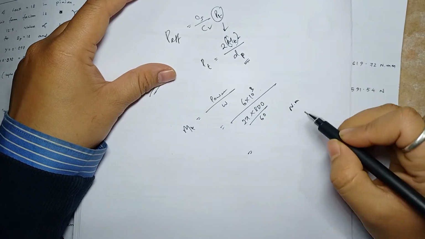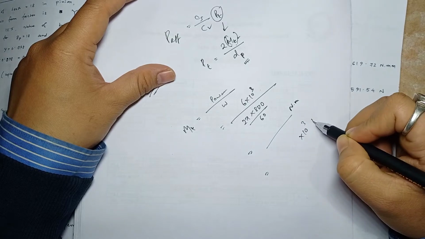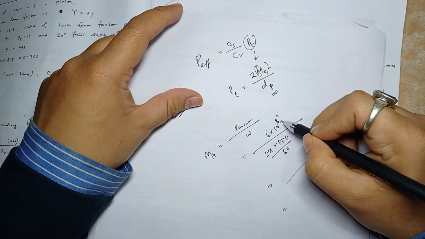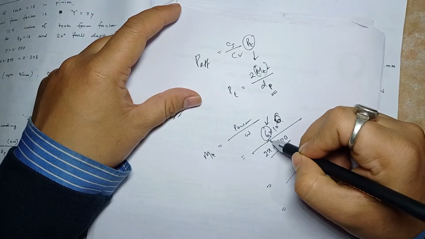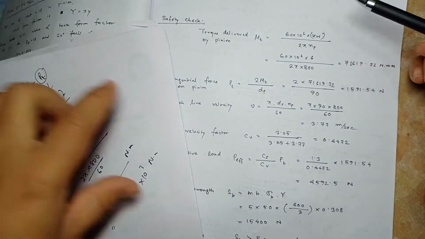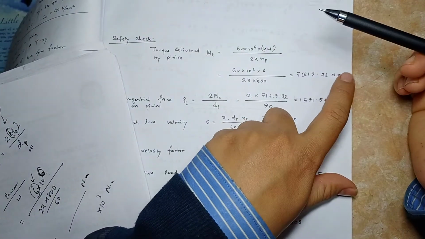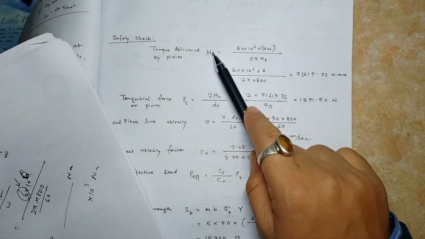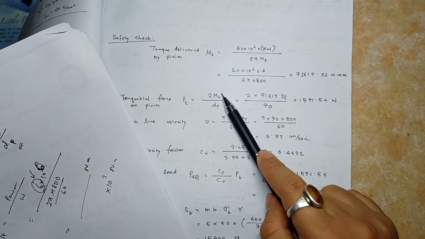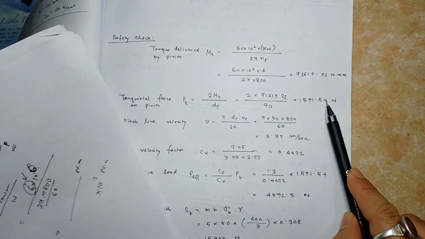You have to multiply by 10 to the power 3 again to get Newton into millimeter. That's why the 10 to the power 6 is already written here, so that you can directly put the value of power in kilowatt, directly put 6, and get Newton into millimeter. Once you get this torque, you put it here, and the diameter is already known for the pinion, so you calculate PT.